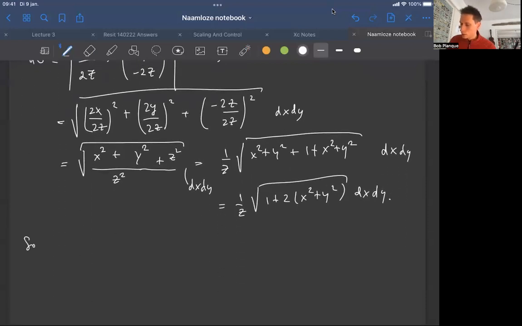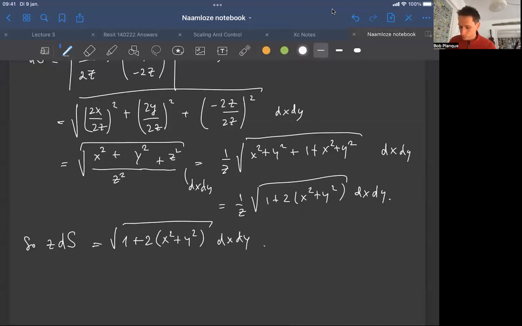So if we now look at the entire integrand, z dS, it is given by the square root of 1 plus 2(x squared plus y squared) dx dy. And that is what we need to integrate.